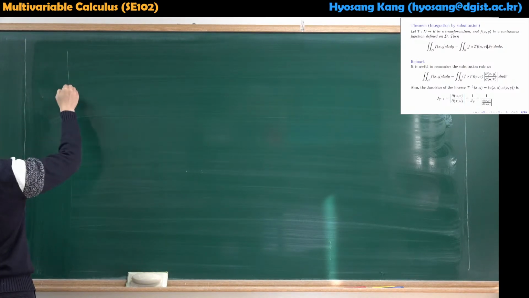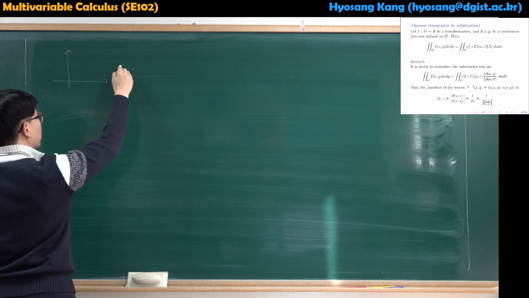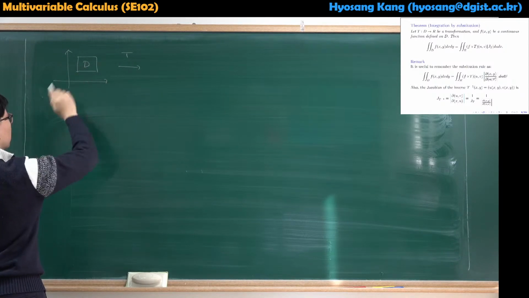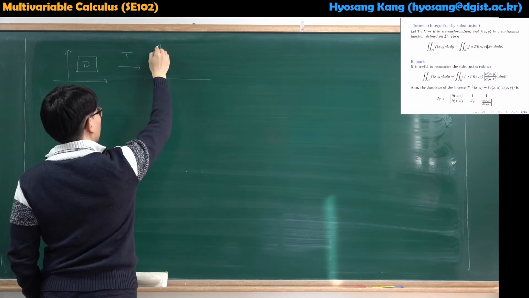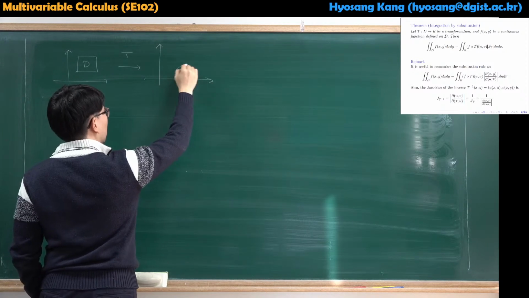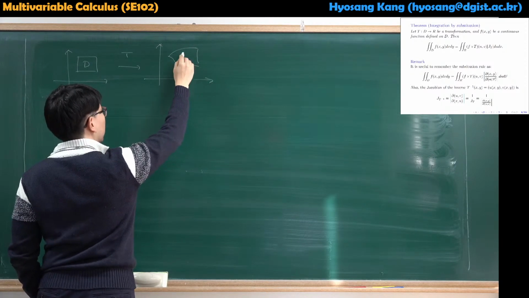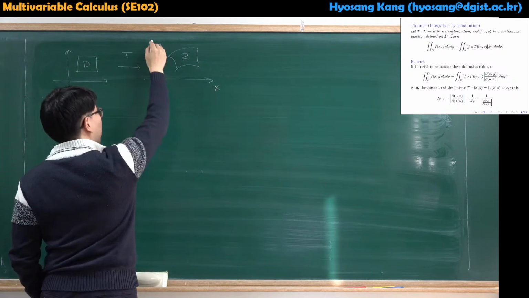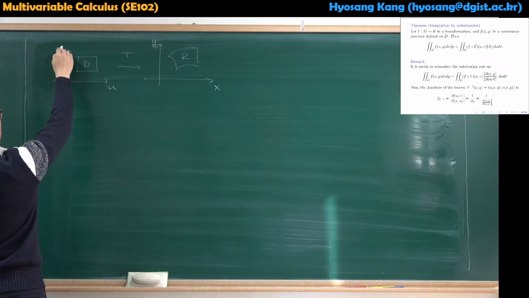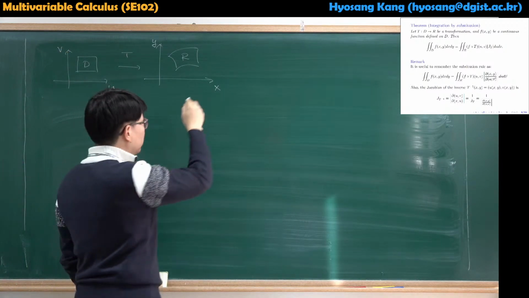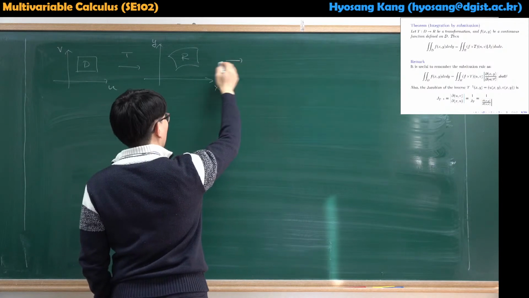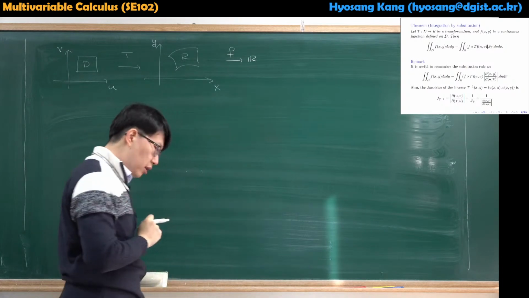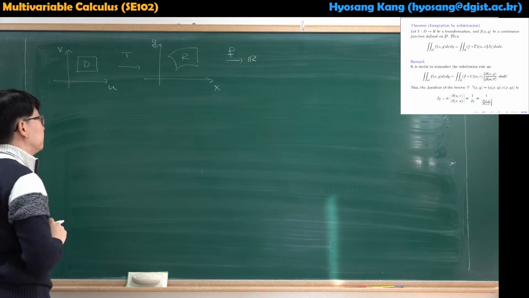So here's the transformation T. Here, let's say our D here, and let's say our R. This looks like this. Okay. So this is our coordinate x and y. This is our coordinate uv. So the function is defined on this xy plane. So f is a real-valued function defined on the xy plane.